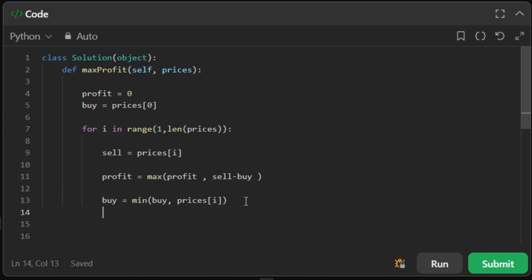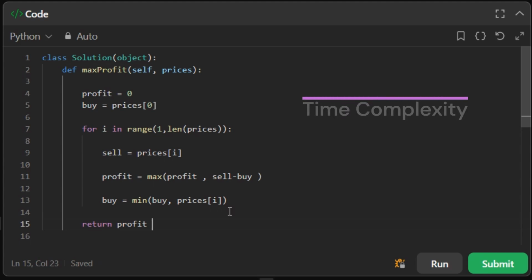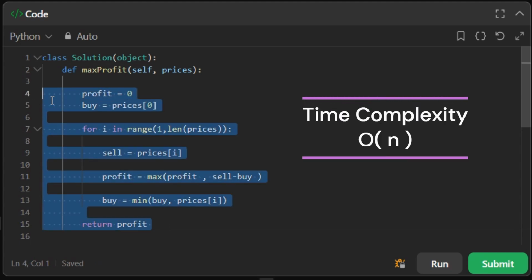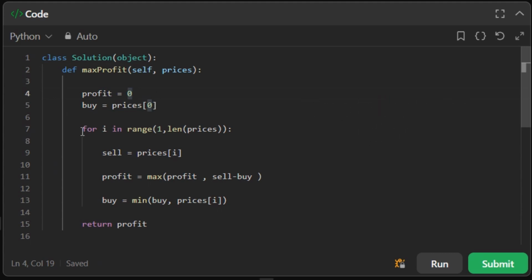After this, what remains is we will just simply return the maximum possible profit that we gained during this entire process. That's it. The time complexity of this entire code is big O of n because we are running a single loop, that is the sell loop, in the range 1 to n.